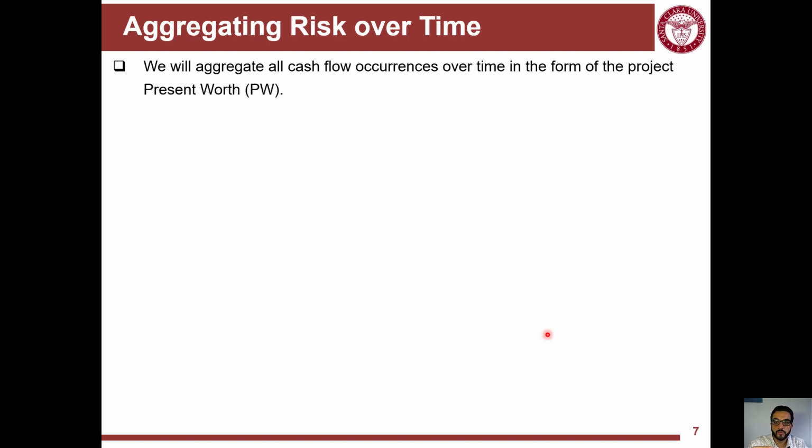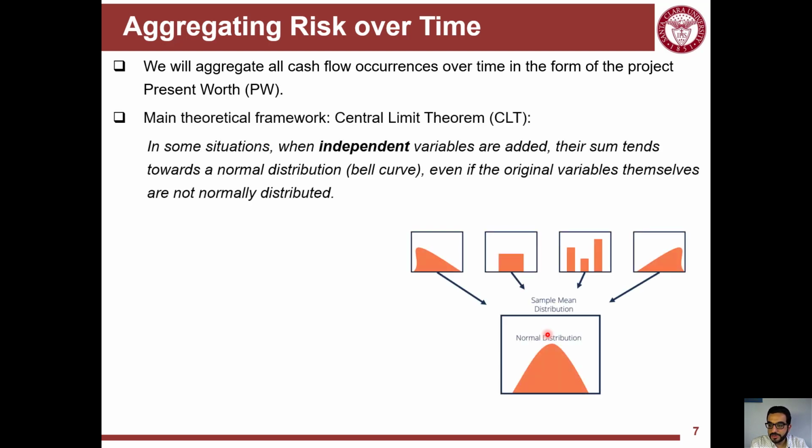So we're moving from the probability of every individual annual cash flow occurrence to the probability of the whole cash flow of the whole project. We'll do that assuming we stick to the present worth method of representing the value of the project. And the framework that we'll follow is the central limit theorem.